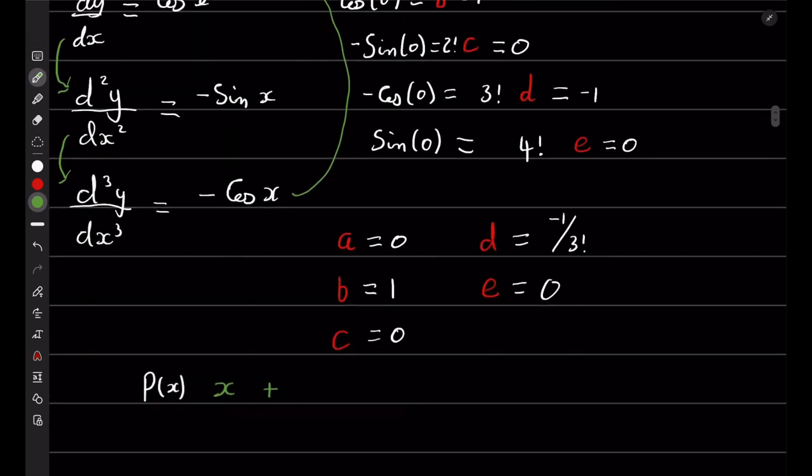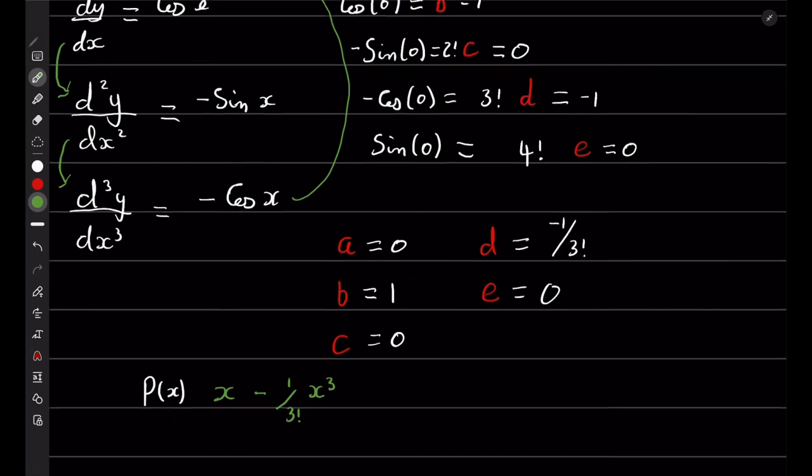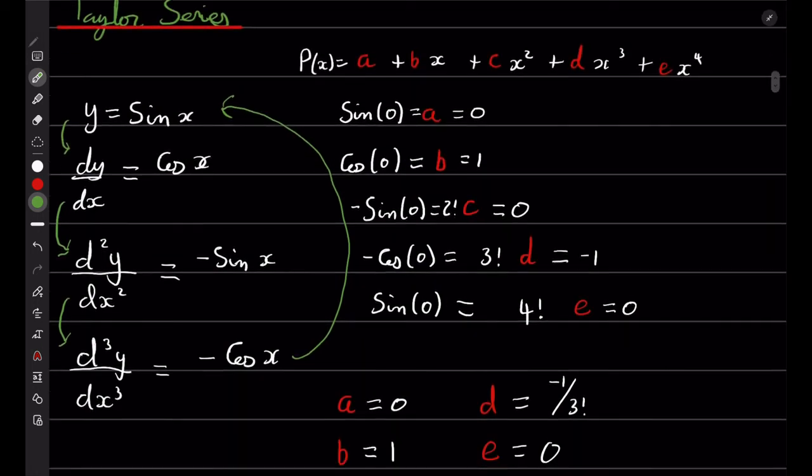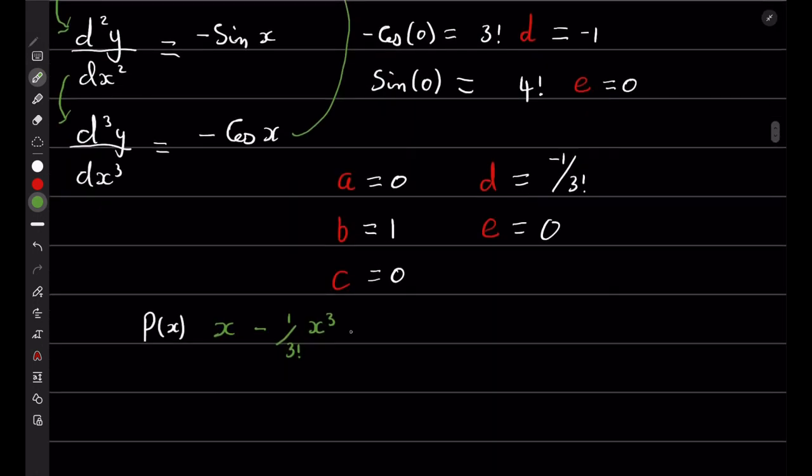So I can just change this to x minus 1 over 3 factorial x cubed, and then e is 0 again. E is 0, so the polynomial is just equal to this.